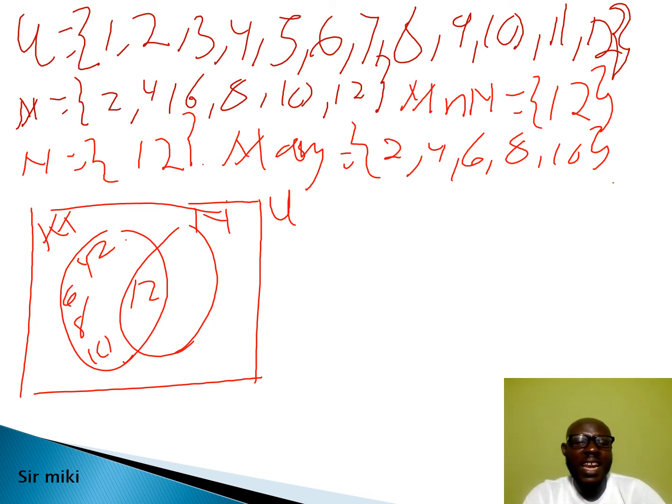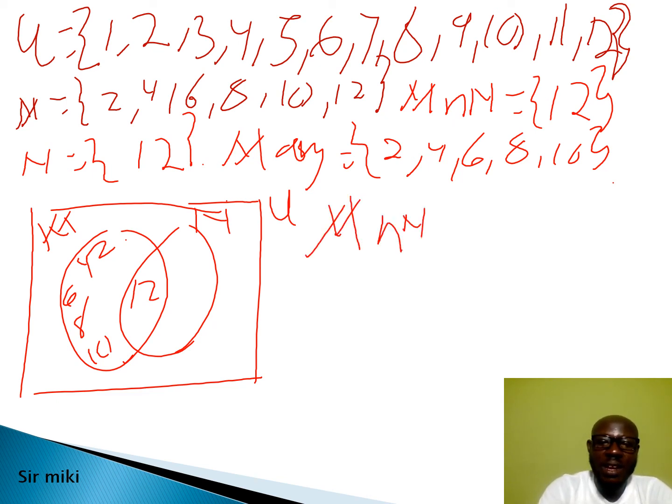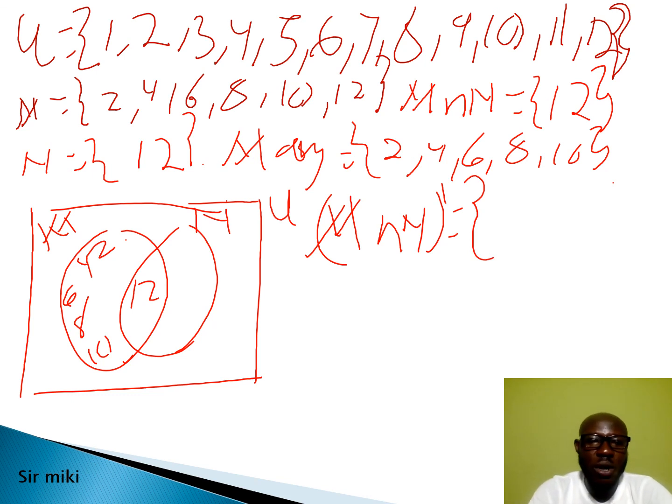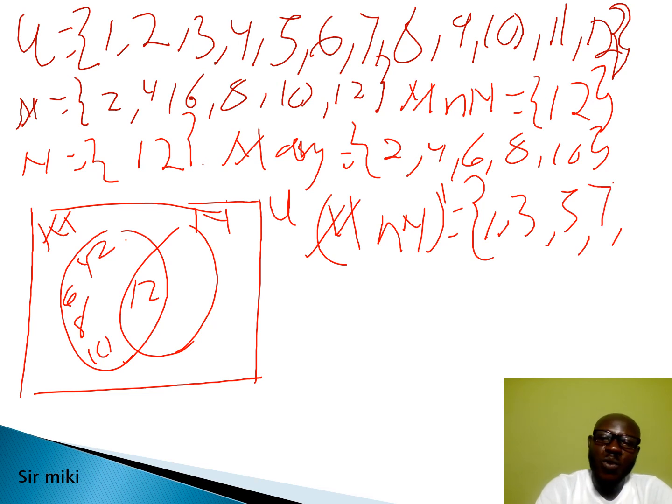Now, the elements that cannot be found in either set are the complement of M union N. So let's look at the elements that cannot be found in both sets. We have 1, 3, 5, 7, 9 and 11.